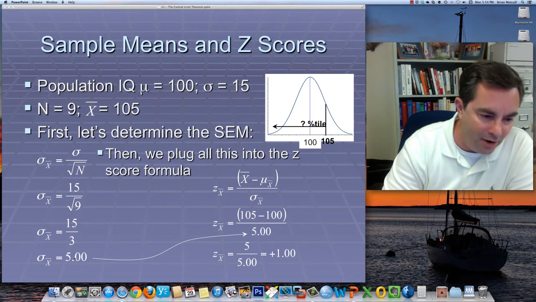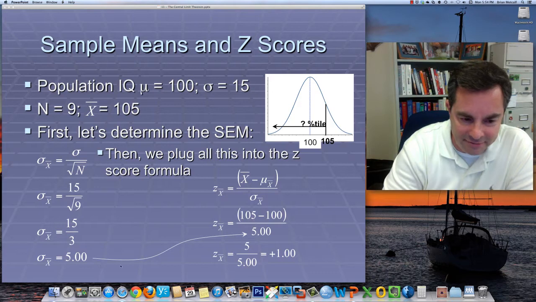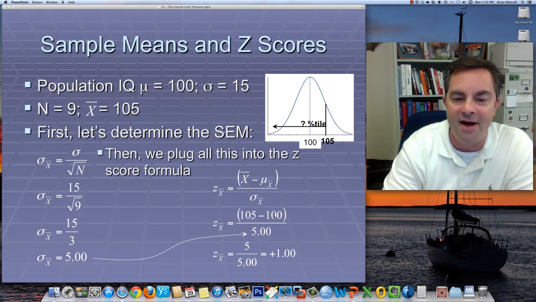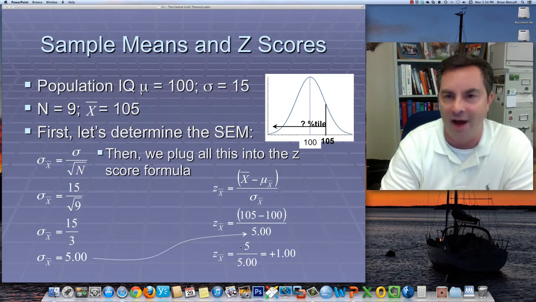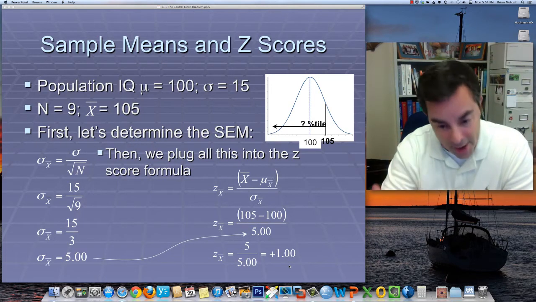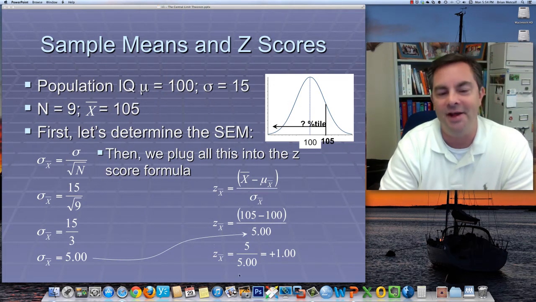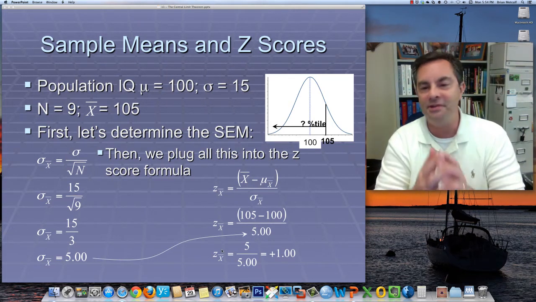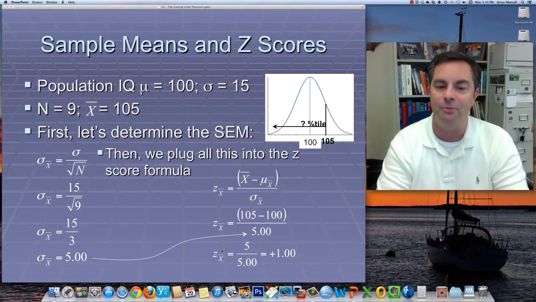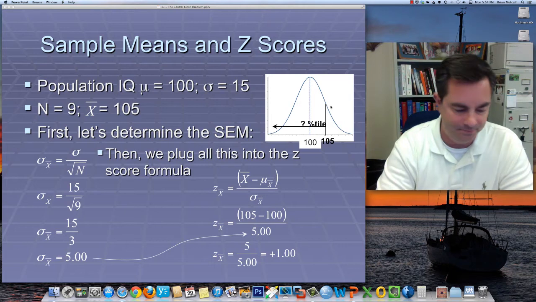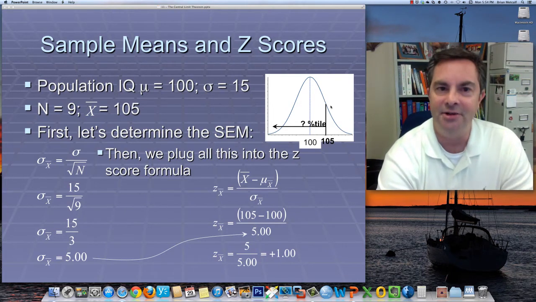Okay, and I borrow my standard error of 5 that I just calculated and plug it in downstairs. So 105 minus 100 is 5. 5 divided by 5 is 1. Positive 1.00 to be very, very Batman precise. My z-score for this sample is 1. It's one z-score above the mean.